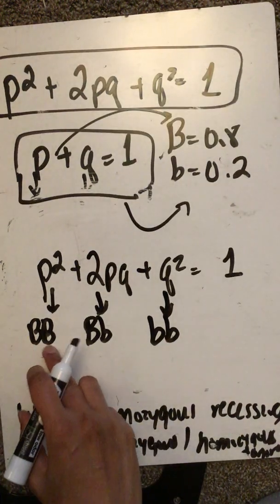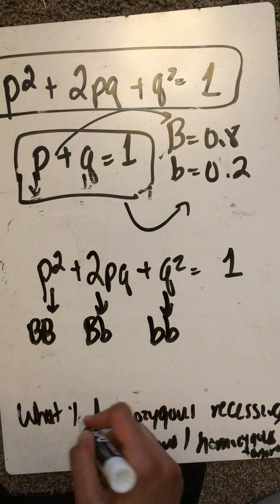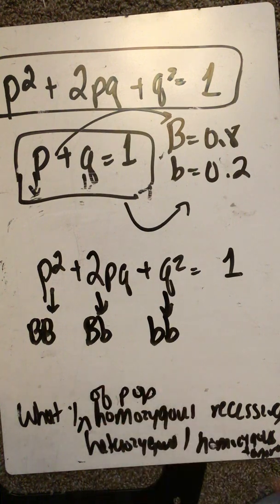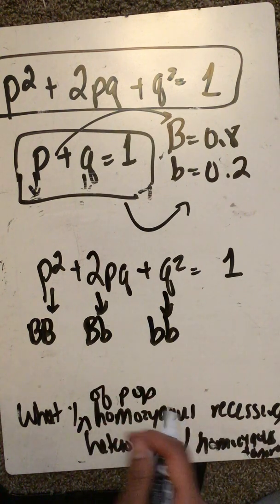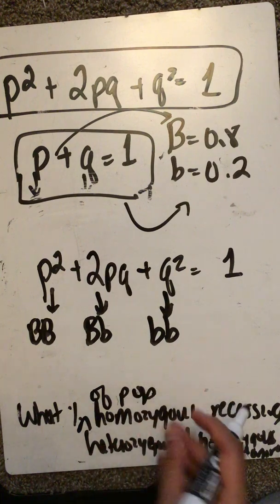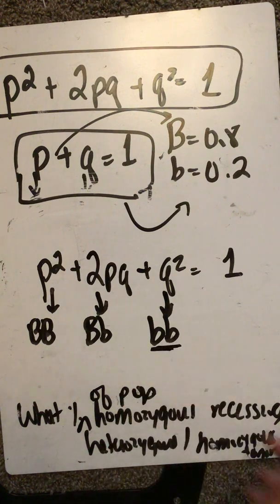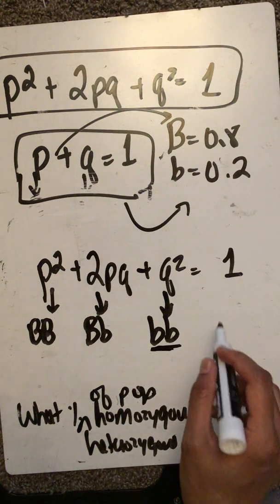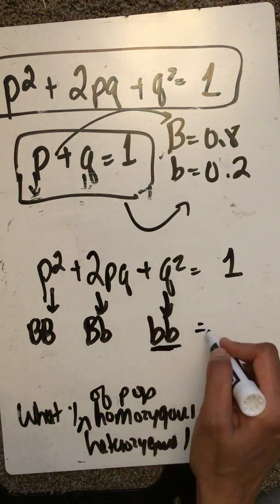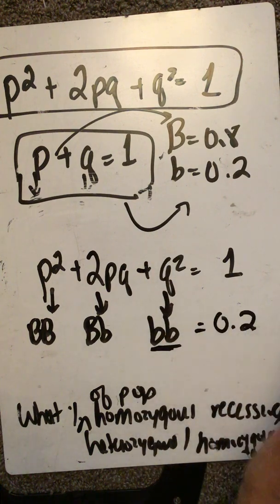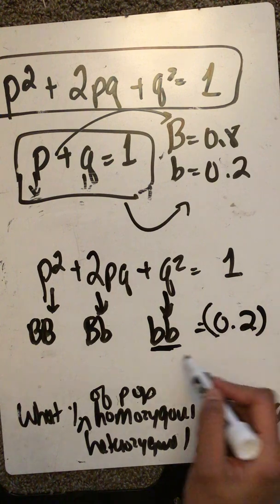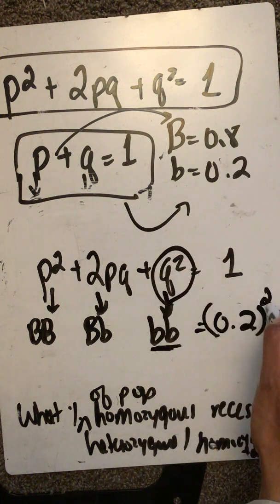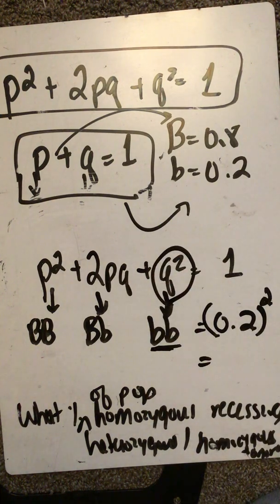If I want to calculate what percentage of the population is homozygous recessive for blue eyes, which is little b, I go, okay, little b is 0.2. 0.2 squared will give me the answer for how many in my population are homozygous recessive.